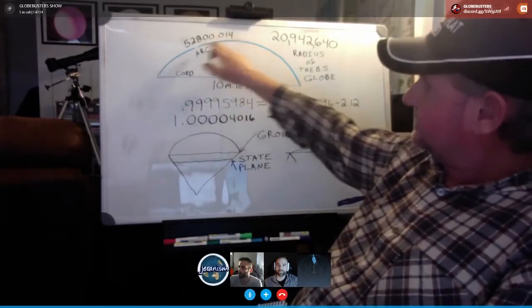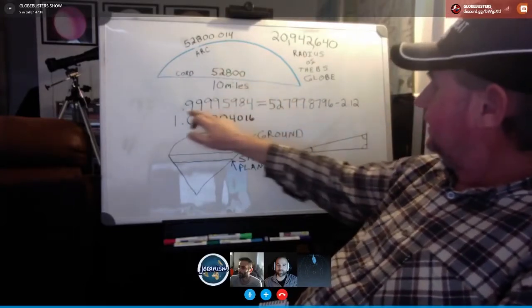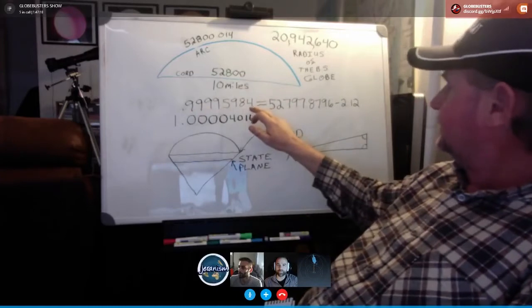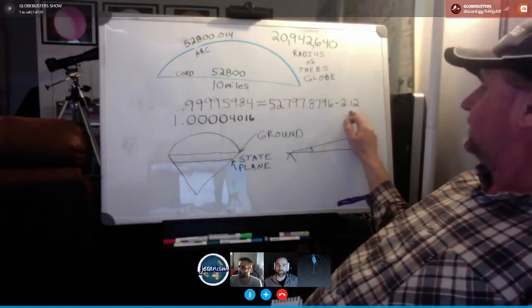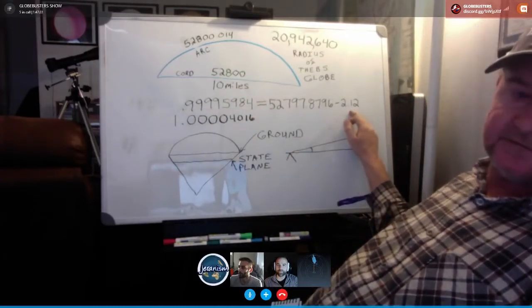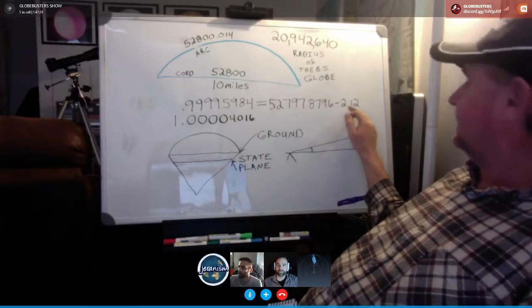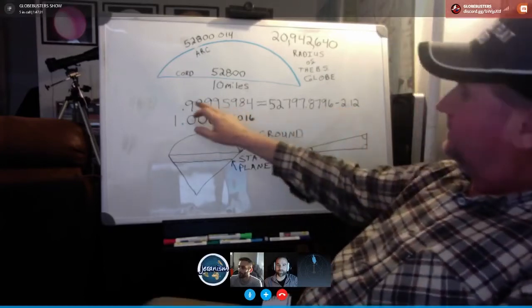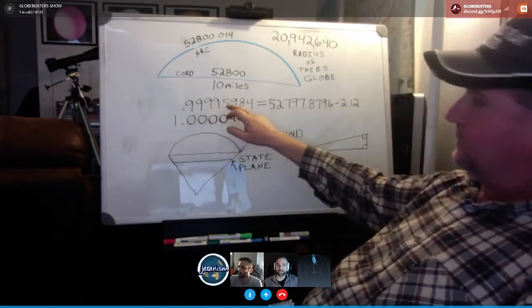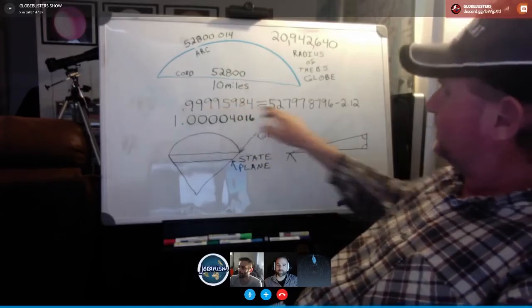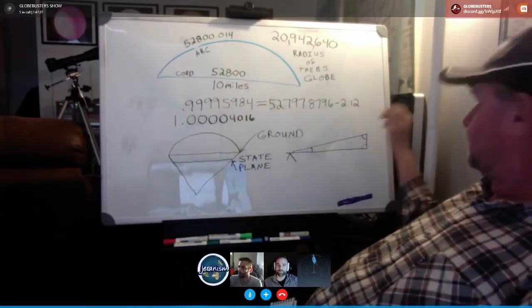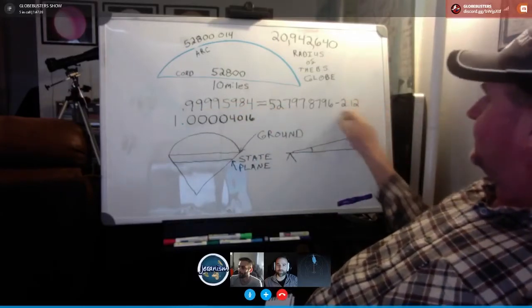If I take this 10 miles right here and I apply this scale factor to it, I shorten the distance by 2.12 feet. Wow. So it makes absolutely no sense that when we're working in the state plane coordinate system, we scale these points down. Oops, picture fell. That's ridiculous.